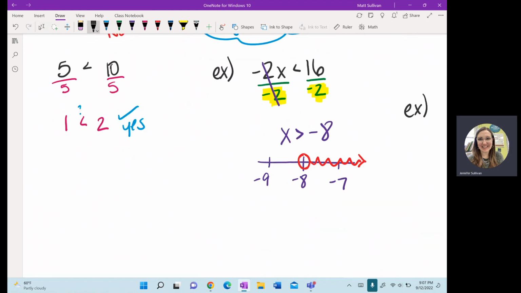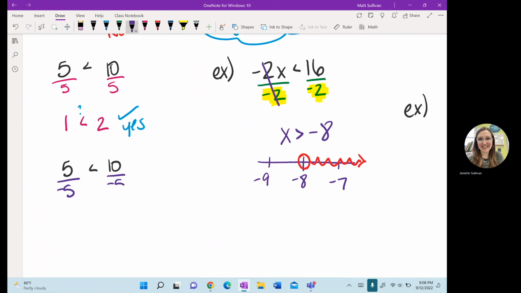All right, let's see how doing it by a negative is going to make it flip. Same thing, 5 is less than 10. But this time when I divide by a -5, 5 divided by -5 is -1. Is that less than 10 divided by -5, which is -2?